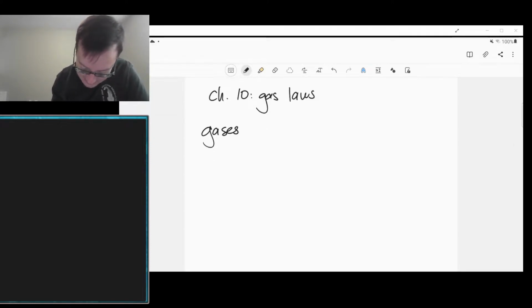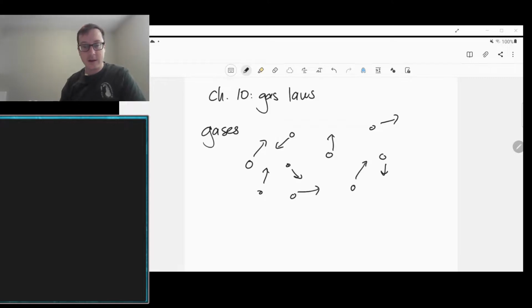So gases are an interesting state of matter. Molecularly, we might describe them something like this, where we have a bunch of atoms or molecules.